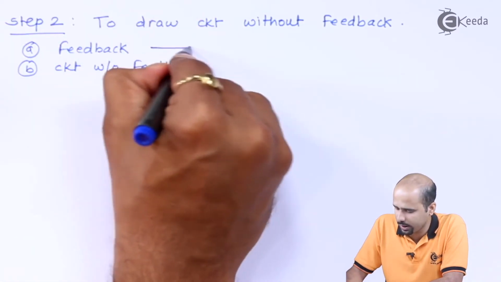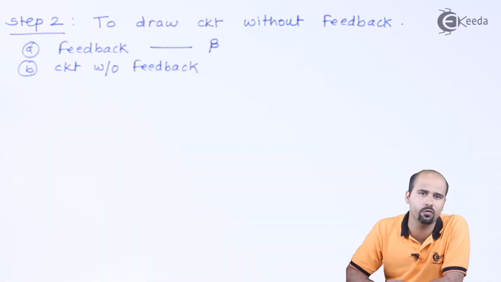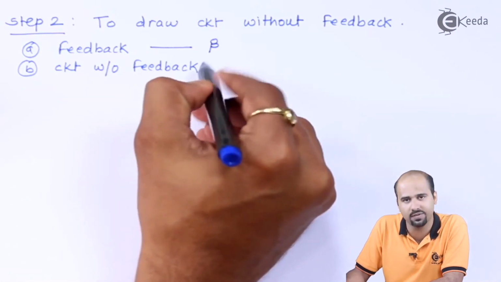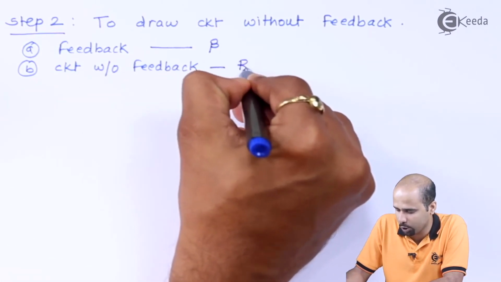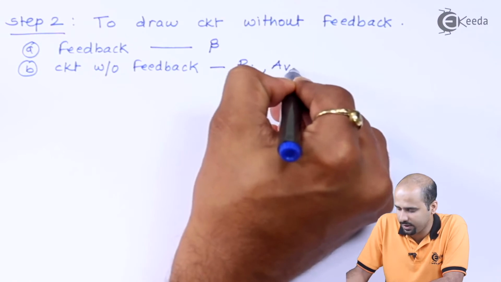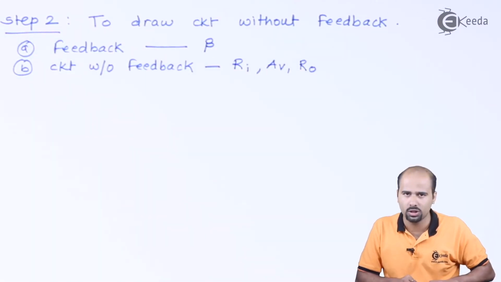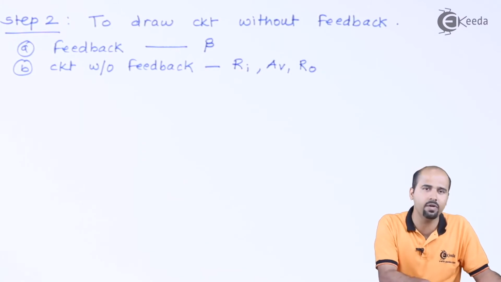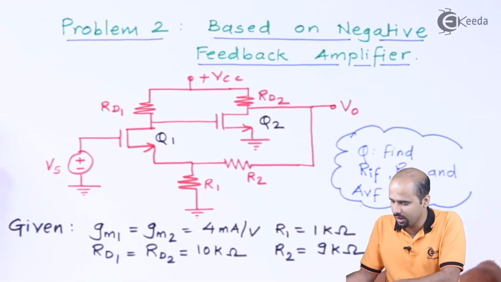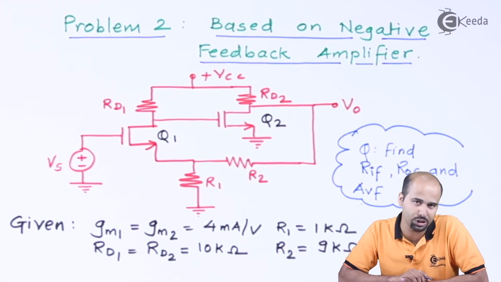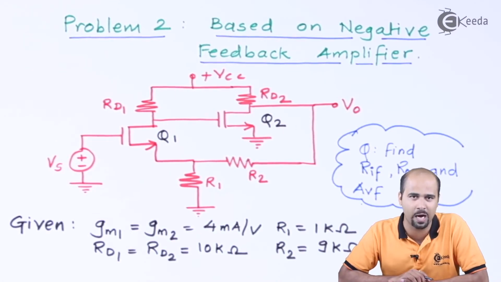With the feedback circuit we'll be finding the value of B, and with the circuit without feedback we'll be getting the values of Ri, AV and RO. As I mentioned earlier regarding the hidden value given in the numerical, I have discovered that my topology is a voltage series amplifier.